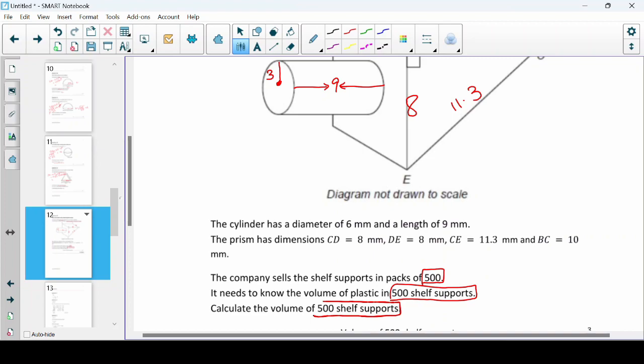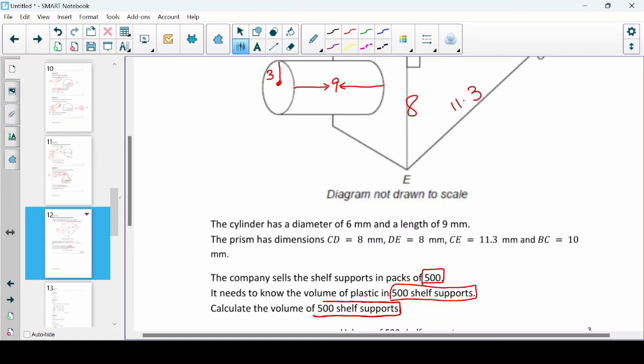The volume of the prism is the cross section times the height. The cross section here is a right angle triangle, and its length is 10.